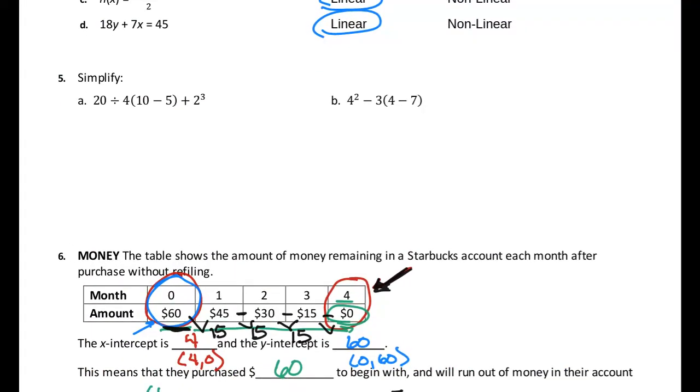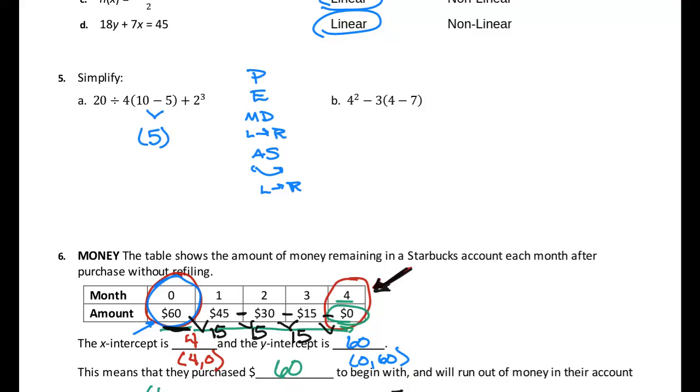Order of operations. You have to do PEMDAS, right? Parentheses, if you can do something in the parentheses, then exponents, multiplication and division from left to right, and then addition and subtraction from left to right. So what would I do first here? Omar. Parentheses. 10 minus 5 is 5.